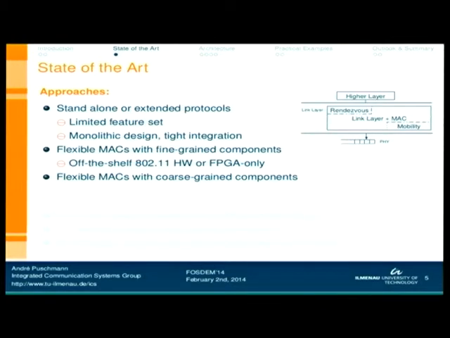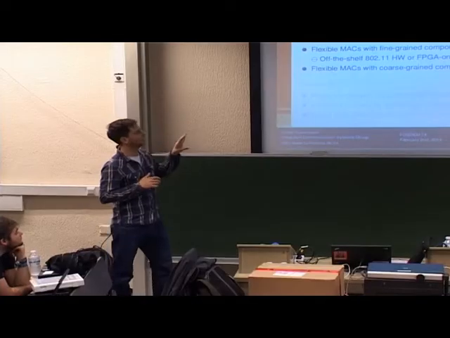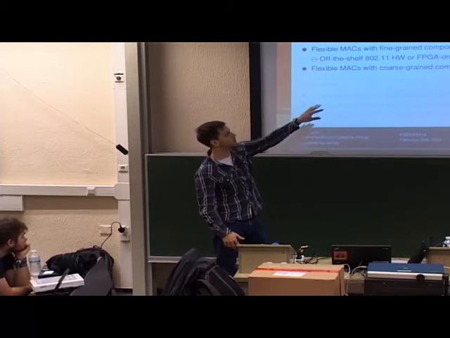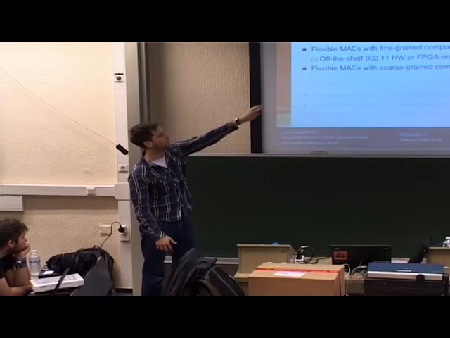And when we're looking at the link layer protocols nowadays, there has been a whole bunch of proposals from the research community specifically on medium access control protocols or link layer protocols. Most of them have been standalone or extensions of medium access control protocols, basically trying to solve some energy efficiency issues, for instance. The general approach is to either extend an existing protocol and add, for instance, a rendezvous function or mobility function into the core of the protocol, as you can see from the dashed lines there.